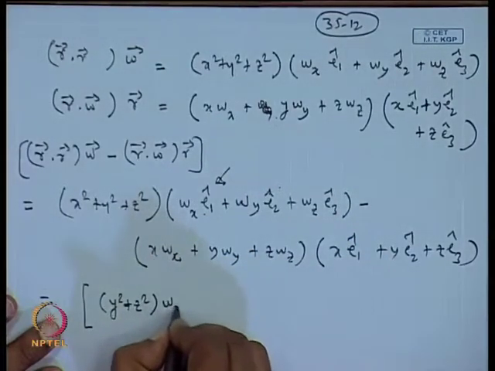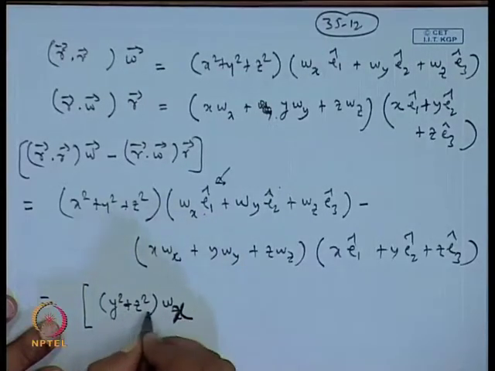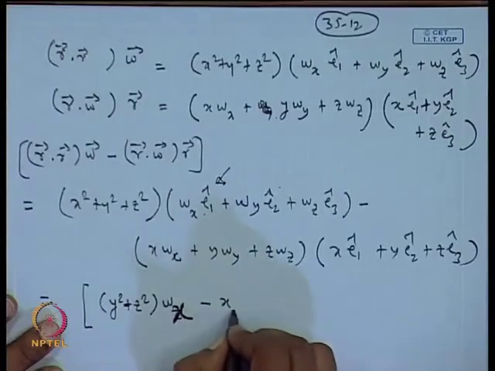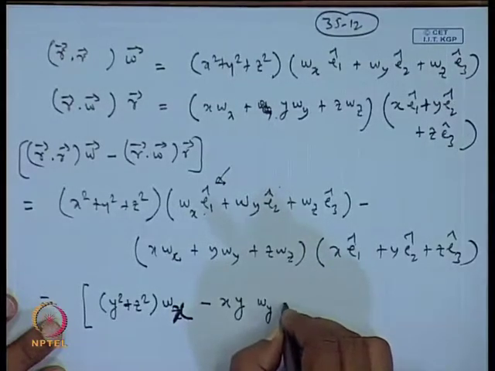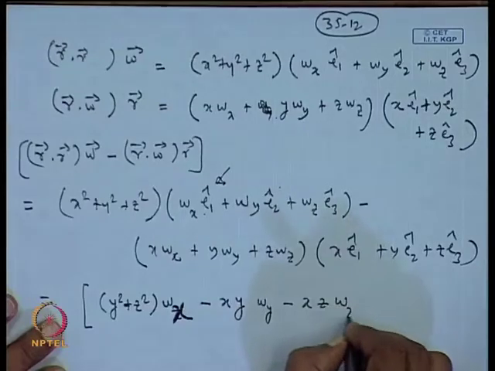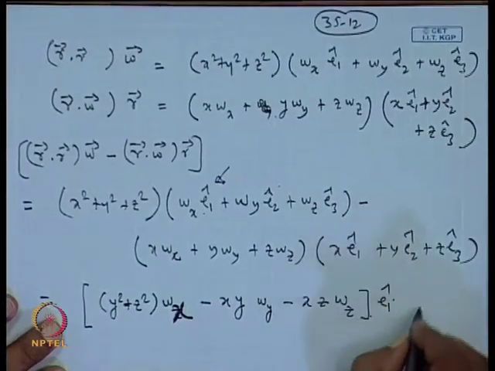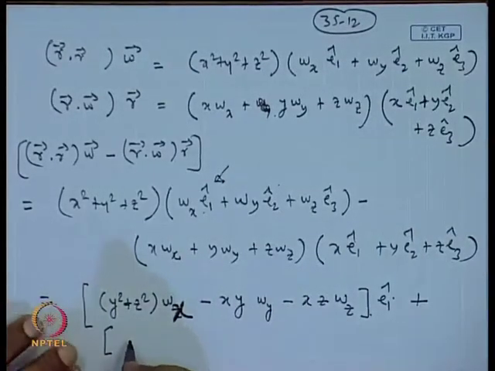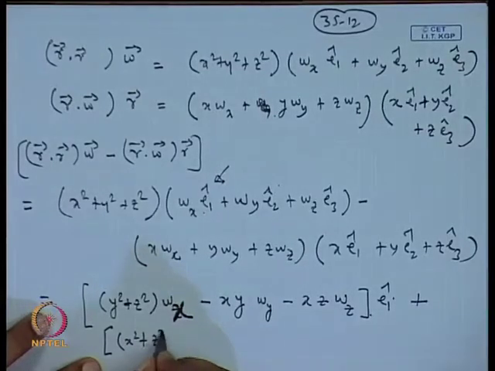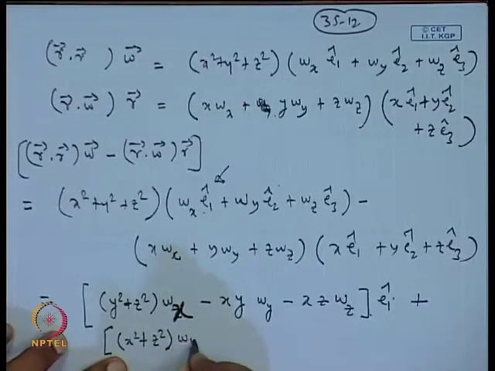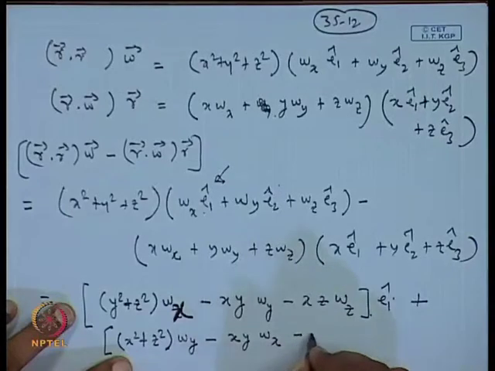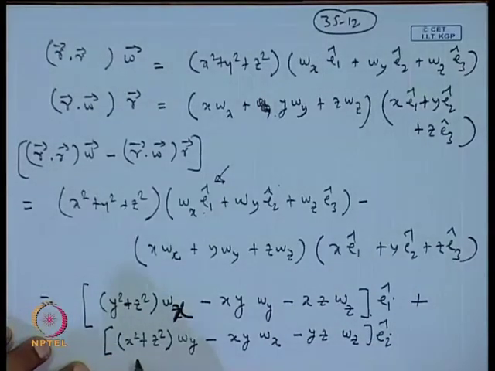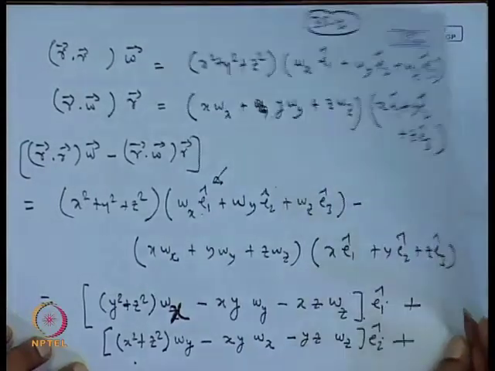So, this will result in omega x times y square plus z square, minus x y times omega y, E 2 cap, and the third term we write on the next page.